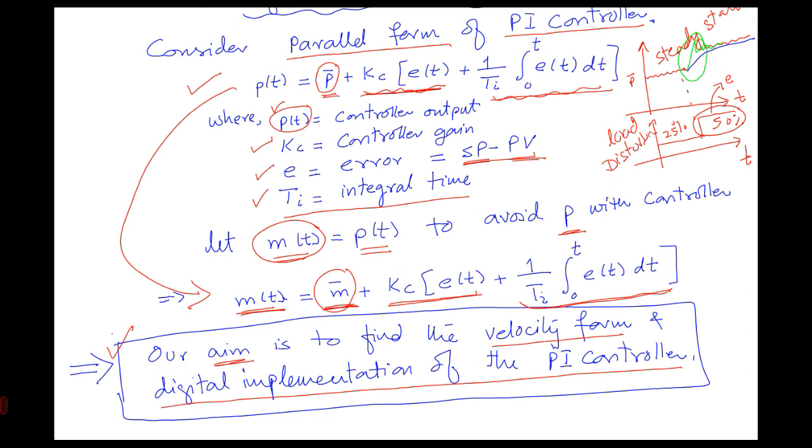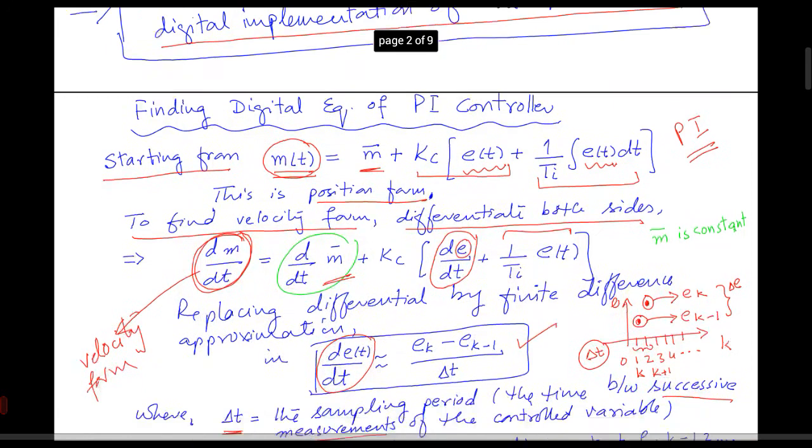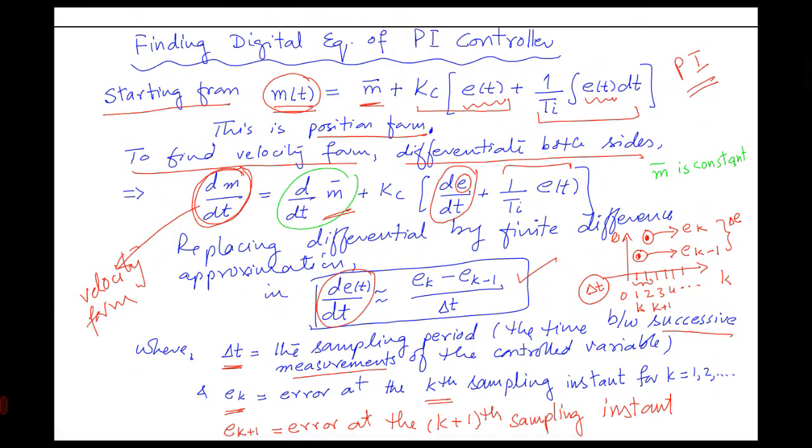Here our aim is to find the velocity form and the digital implementation of the PI controller. So we are going to find the digital equation of the PI controller, starting from the equation MT equals M bar plus Kc times Et plus 1 upon Ti integral of Et dt for the PI, and this is called the position form, because the controller output is actually giving us the required position of the valve or the final control element.